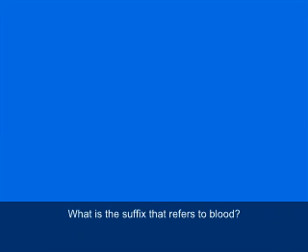Now we also have a suffix that refers to blood. Some of you may have thought of that suffix. What is the suffix that refers to blood? That's emia, -EMIA.